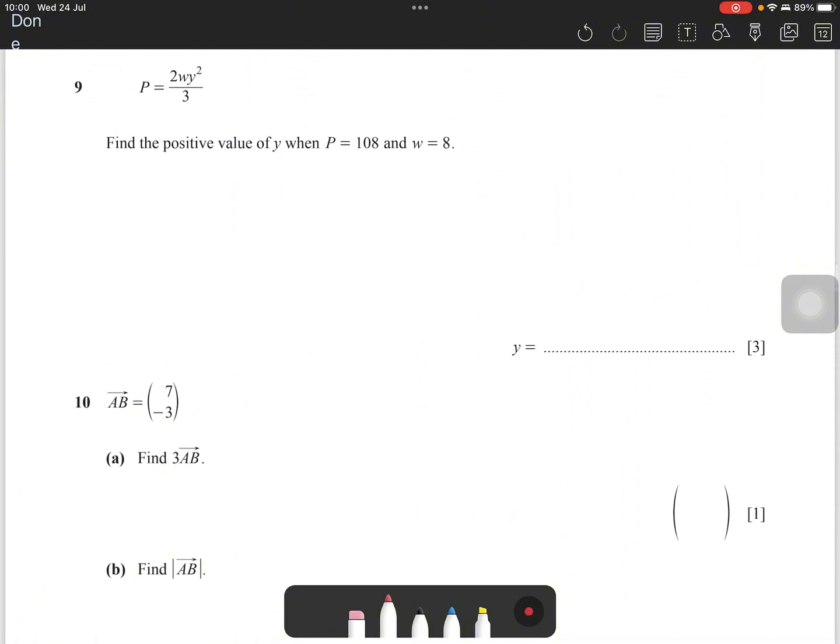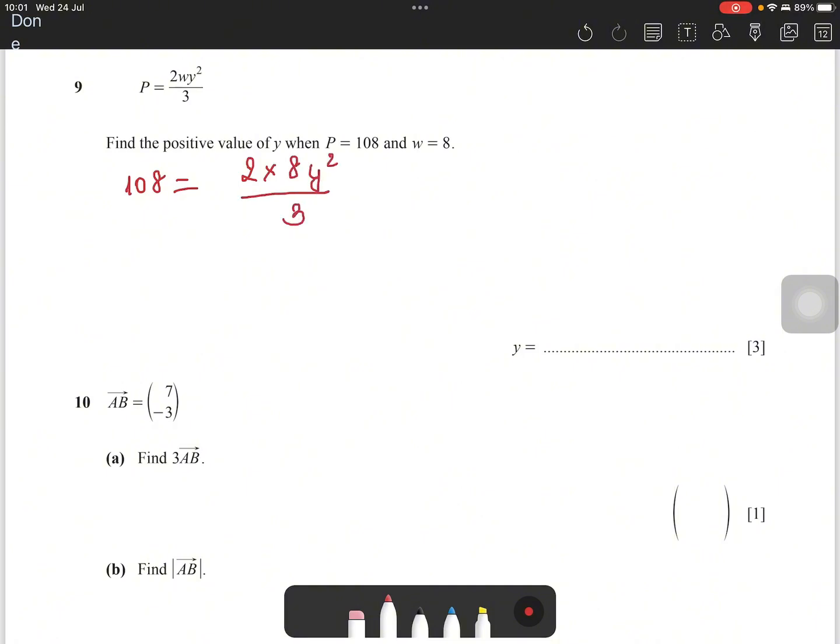Question 9. P is equal to 2wy squared over 3. Find the positive value of y when P is 108 and W is 8. So I'll substitute P equals 108, W is 8: 108 equals 2 times 8 times y squared over 3.